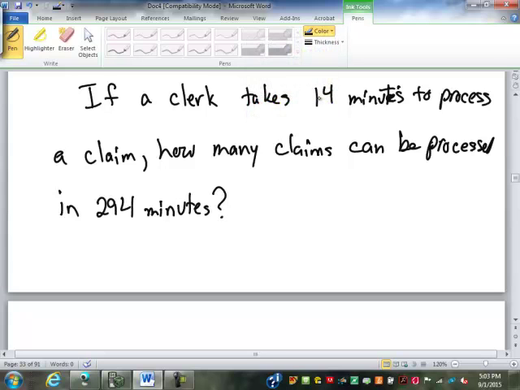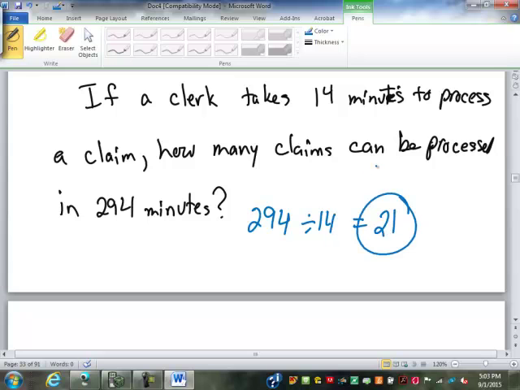What are we going to do here? Divide what? 294 divided by 14 would be 21. So it would be 21 claims.